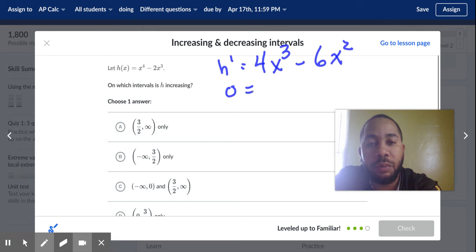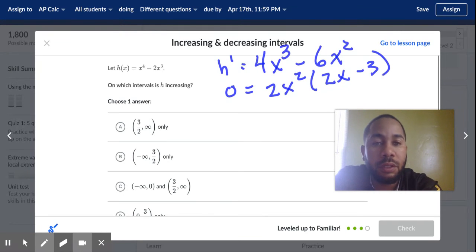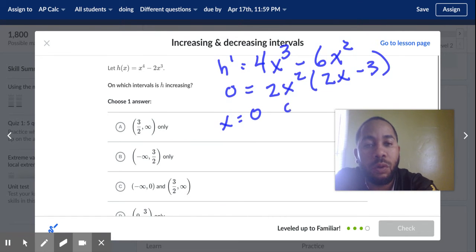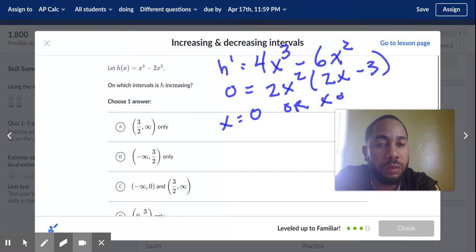And at that point, I can factor out an x squared. 2x squared would give me, what's that? 2x minus 3. So either x is 0 or x is equal to 3/2.